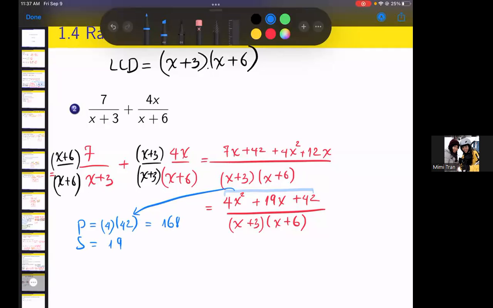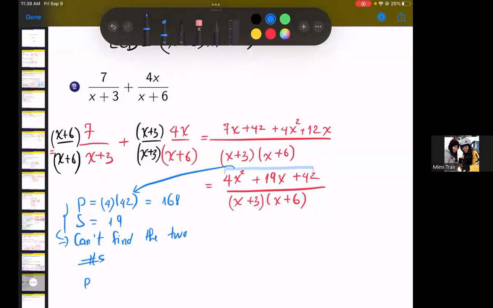You can try your calculators, try a different variety, but you won't be able to find those two numbers. That means it's prime, so there's nothing you can do. You're done. Just box it.